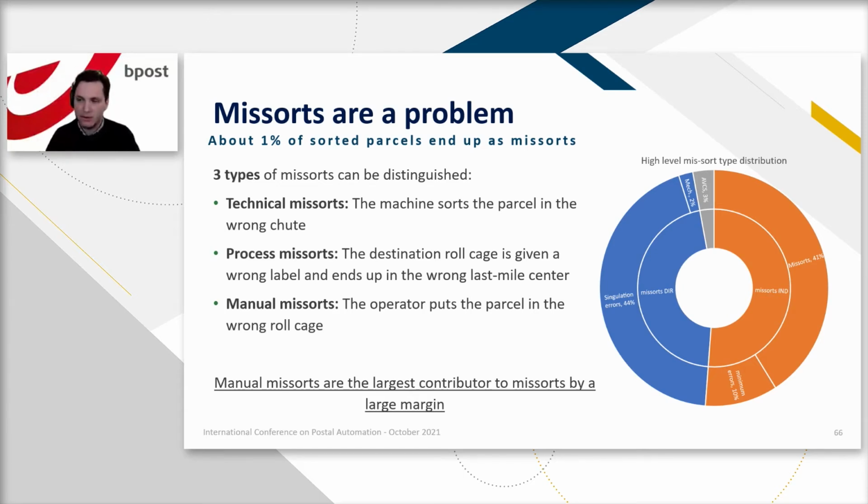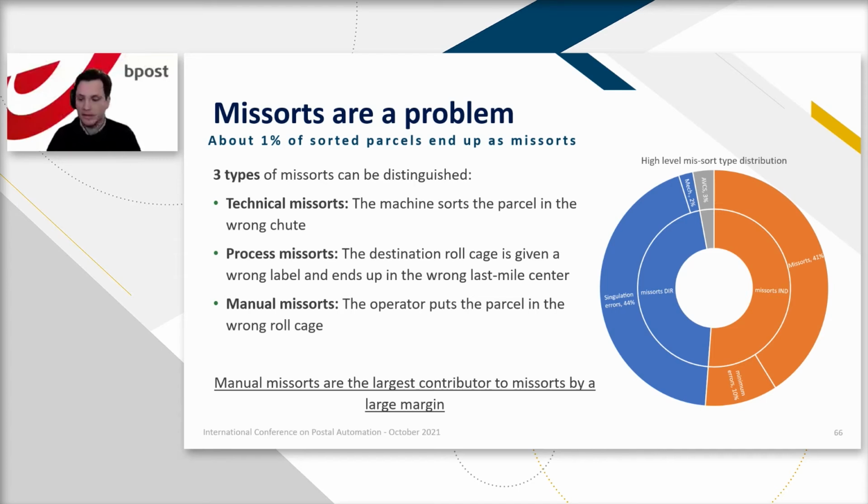And the missorts are a problem. About 1% of our volume is a parcel which is a missort, so it's being sent to the wrong destination. And during our investigation, we could identify 3 types of missorts. So you have the technical missorts, where the machine simply sorts the parcel into the wrong destination. Can be because of a mechanical issue, software issue, or anything which is technical. The process missorts is where the process is not being followed or not able to be followed.